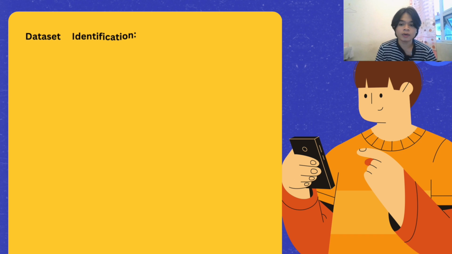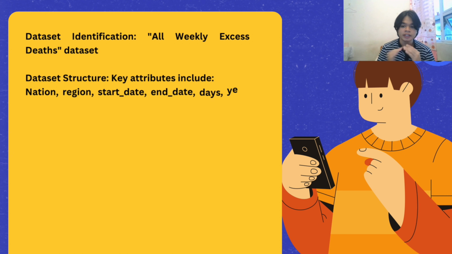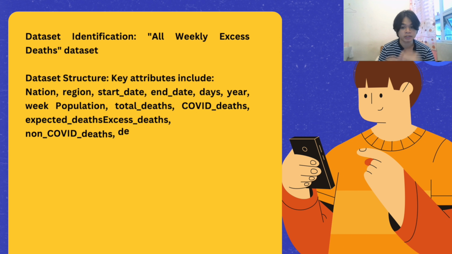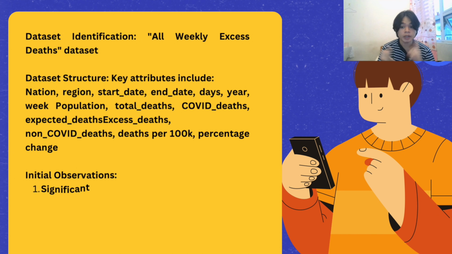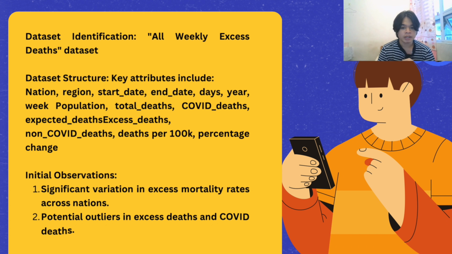We selected the all weekly excess dataset for our analysis because this dataset includes detailed information on weekly excess deaths during the COVID-19 pandemic across multiple countries. The key attributes include nation, region, total deaths, COVID-specific deaths, and expected deaths.